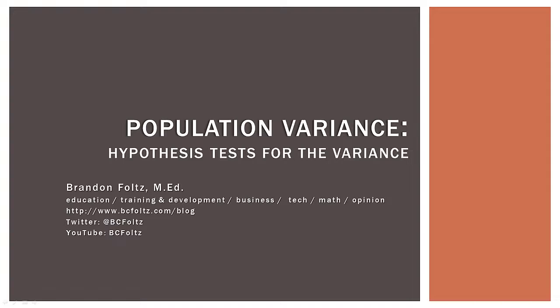Now, of course, variance plays an important role in fields such as quality assurance and operations management. Ever heard of Six Sigma? Well, you probably have. Well, what is sigma? Sigma is the symbol for population standard deviation, which of course is the square root of the variance.